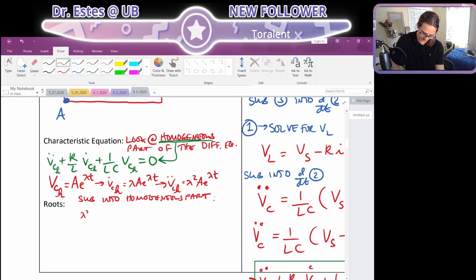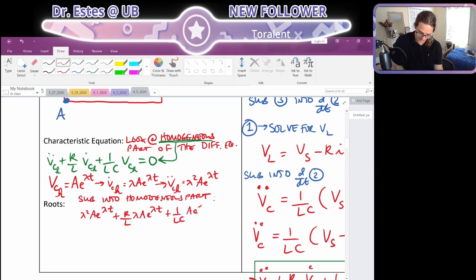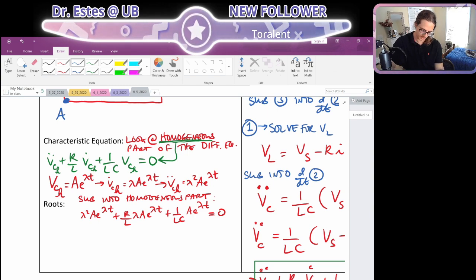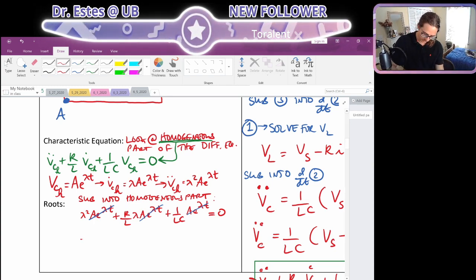So we're going to get lambda squared A e to the lambda t plus R over L lambda A e to the lambda t plus 1 over LC A e to the lambda t equals 0. And you'll notice all of these terms have A e to the lambda t in common. So you can just divide both sides by that. And you're left with your characteristic equation.